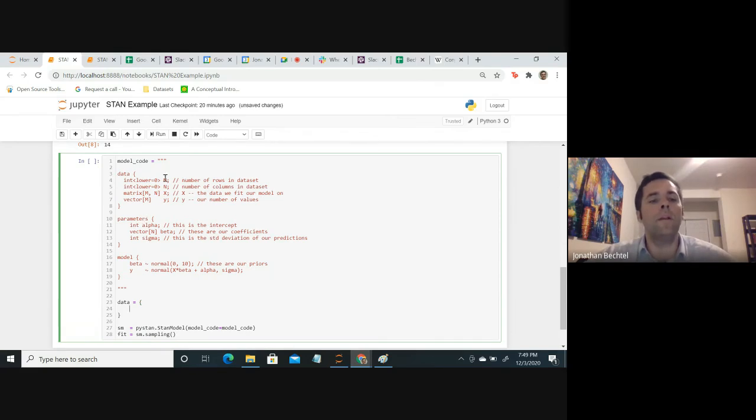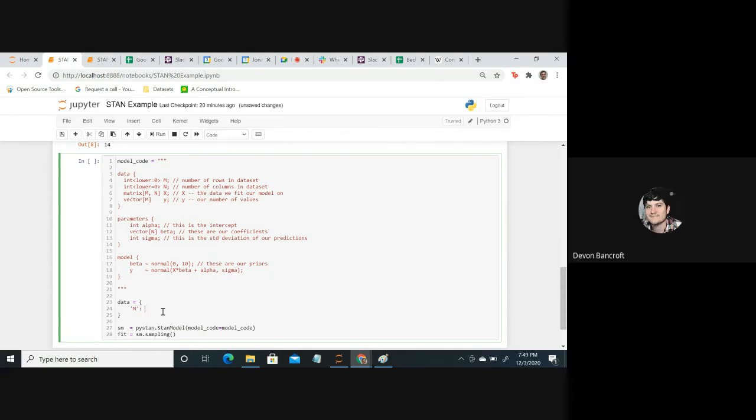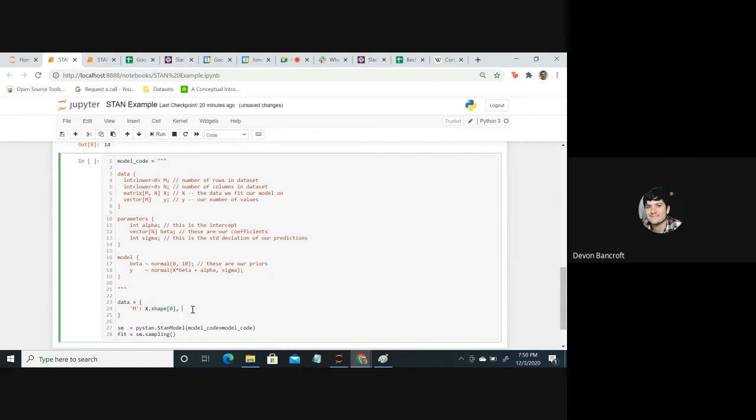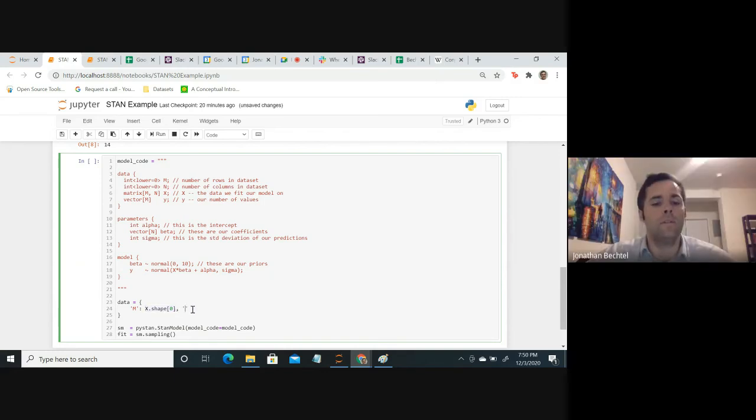So real quickly, you know how we define these aspects, M, N, X, and Y for our data? Here you actually have to assign something to that. So we have M right over here, which is the number of rows. It's that number right there. And likewise, N would be the number of columns.